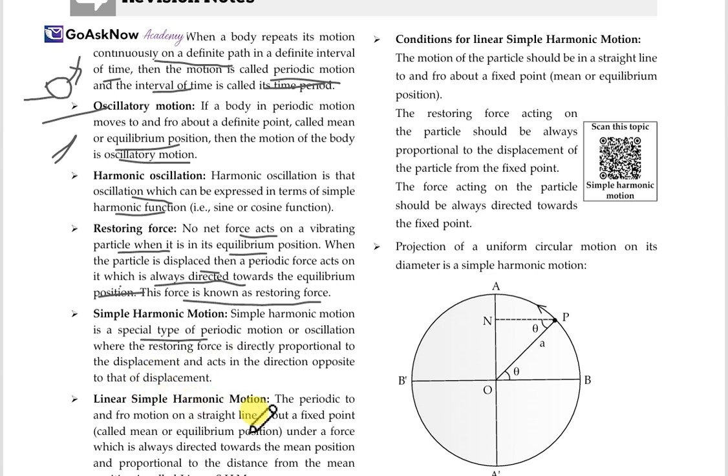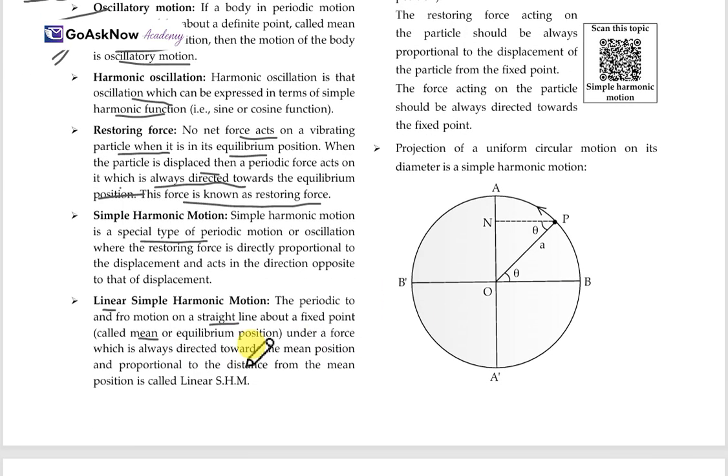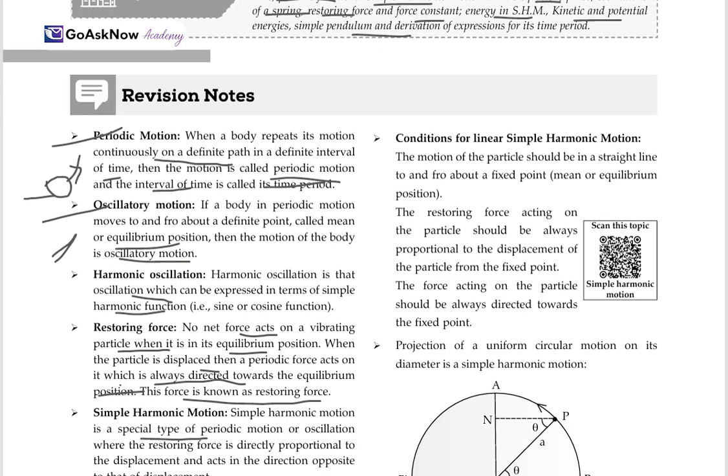Linear simple harmonic motion: the periodic to and fro motion on a straight line about a fixed point, called the mean or equilibrium position, under a force which is always directed towards the mean position and proportional to the distance from the mean position, is called linear SHM. Now, the conditions of linear simple harmonic motion.